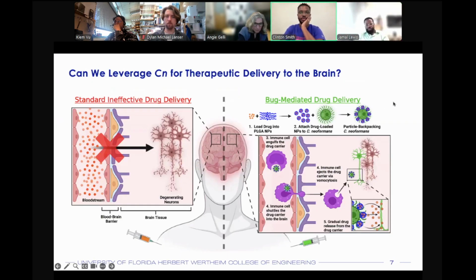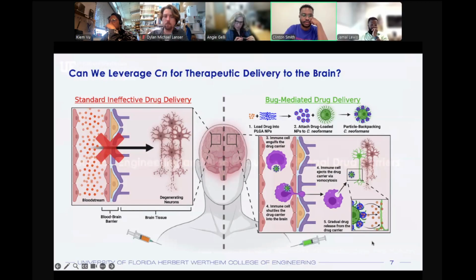So the big idea here is that we could overcome the challenges associated with standard and effective drug delivery, where drugs are unable to cross the blood-brain barrier, by simply loading drug-loaded nanoparticles onto the surface of C. neoformans and leveraging its natural neurotropism by way of one of the 3 different mechanisms, but primarily through this immune cell hitchhiking mechanism. Okay, I don't think Zoom likes PowerPoint right now.